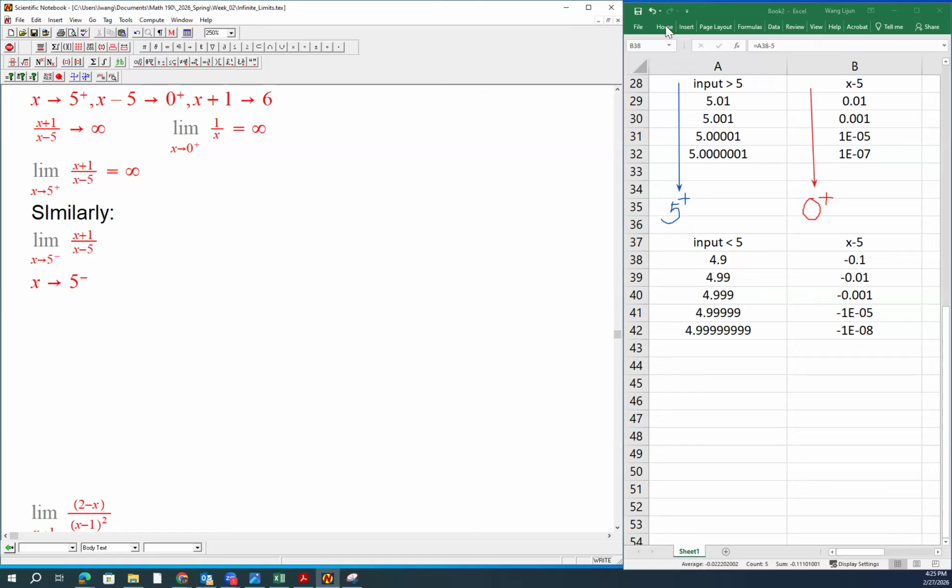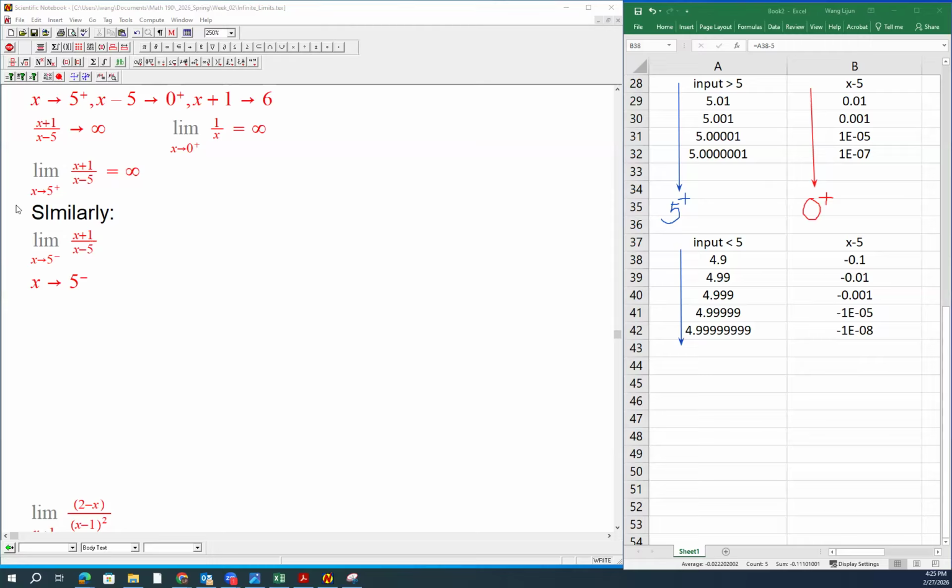I'm going to use blue for the input, just to make that color coordination. So that's what describes that x is approaching 5 from smaller than 5.